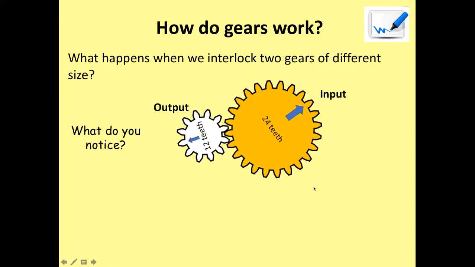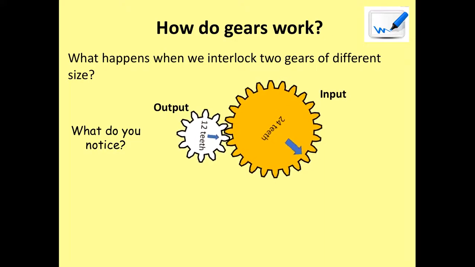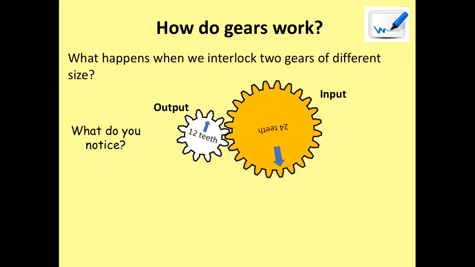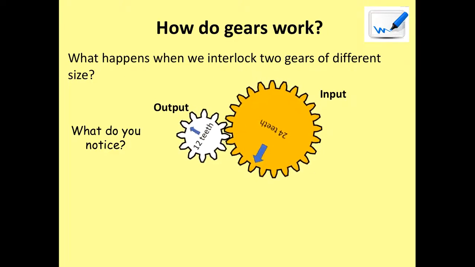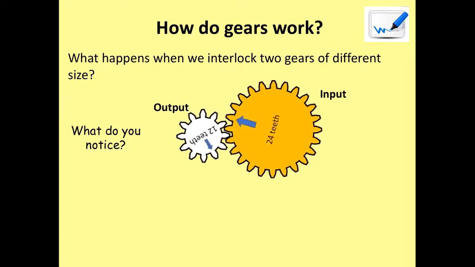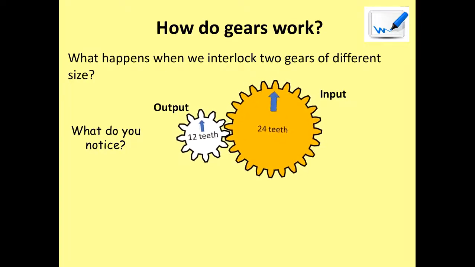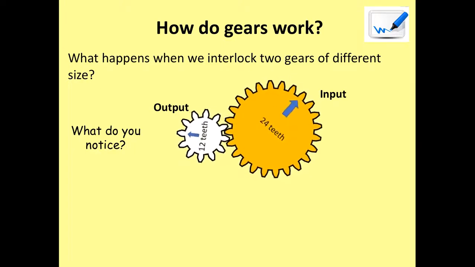So, two interlocking gears, different sizes. Hopefully you can see that the large gear is turning more slowly than the small gear. So the smaller gear is turning faster, but it has a smaller turning effect.